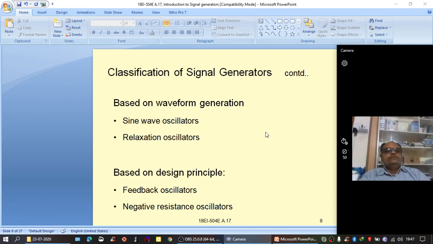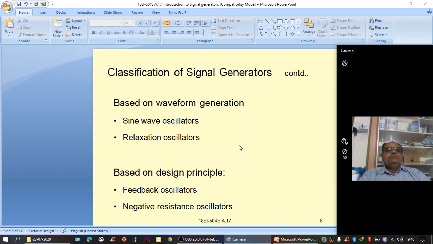Sine wave oscillators produce a pure sinusoidal signal, and all other signals except the sinusoidal signal, like triangular, rectangular, sawtooth, spikes, all come under the category of relaxation oscillators. That is, oscillators producing non-sinusoidal signals are called relaxation oscillators.